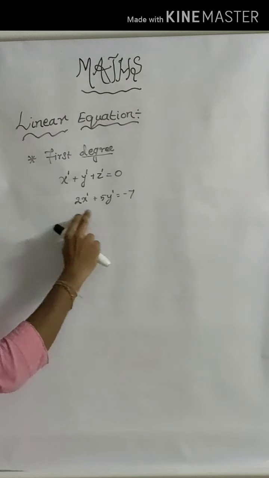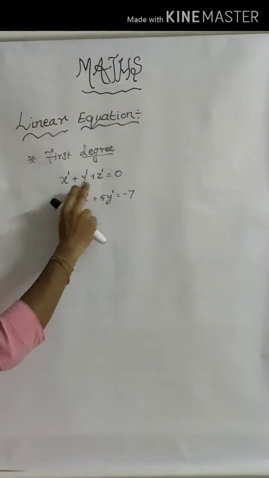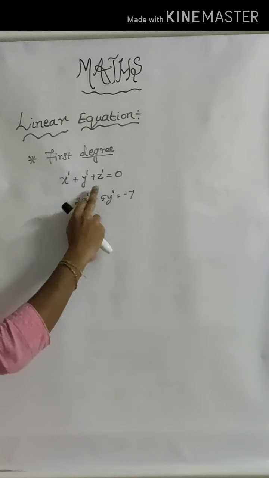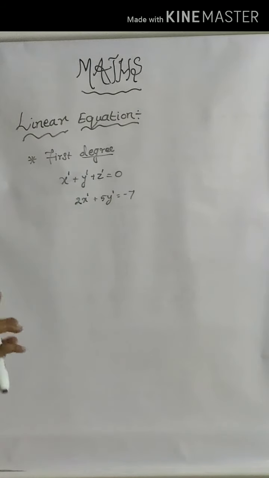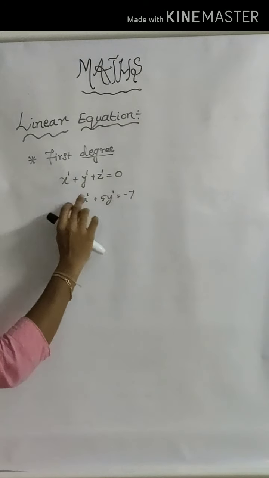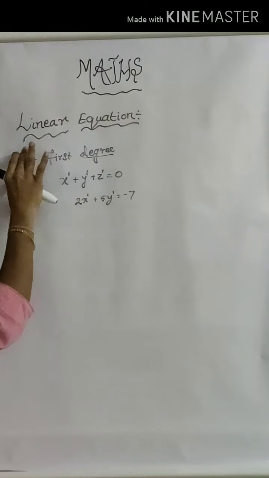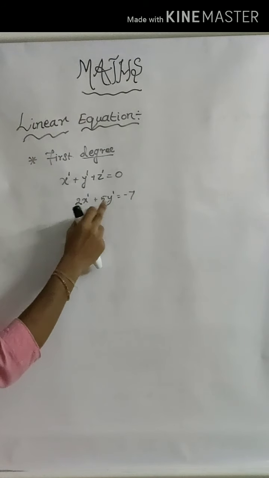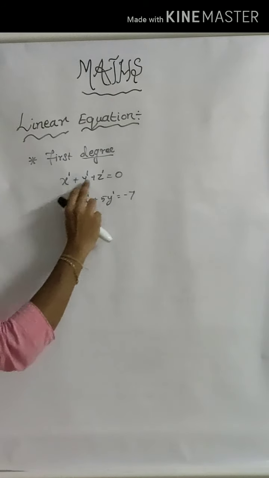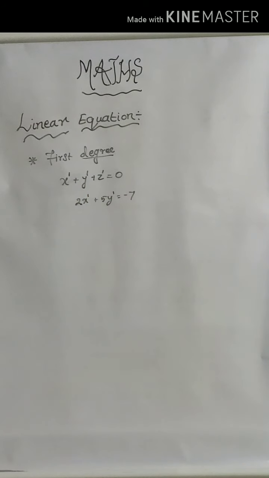So 2 into x power 1, y power 1. Now we have to compare the powers of the given terms. The highest power of the terms is 1 because both are the same. A first degree equation is called a linear equation, but here we have two variables. So we consider it a linear equation with two variables.